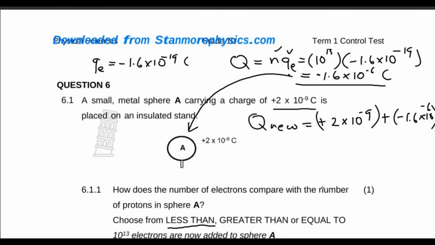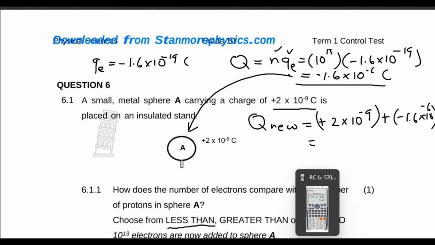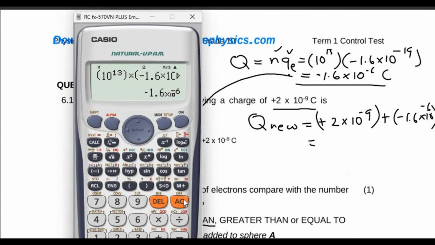So how much is that? So our Q new will be how much? So we'll say, brackets 2 multiplied by 10 raised to the power of minus 9, plus, I'm lying, it's a negative 1.6.